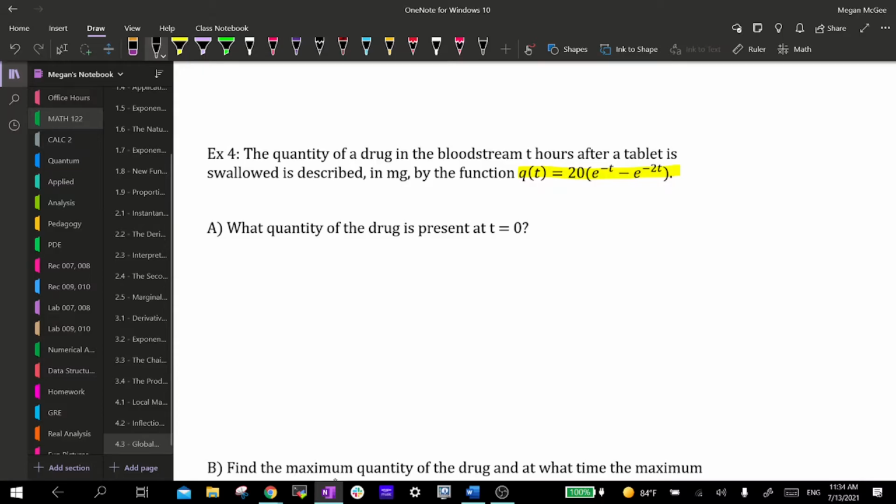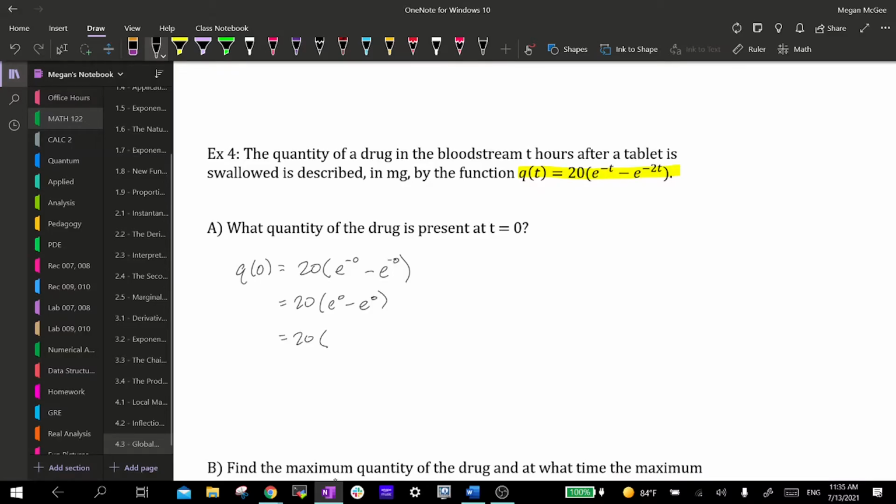All right, well, at t is equal to 0, we have Q of 0 is 20 times e to the negative 0 minus e to the negative 2 times 0, also 0. All right, but negative 0 is not a thing, it's just 0, right? So we have 20 times e to the 0 minus e to the 0, and anything raised to the 0 is 1.